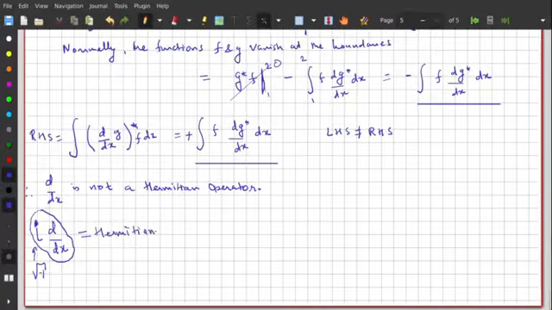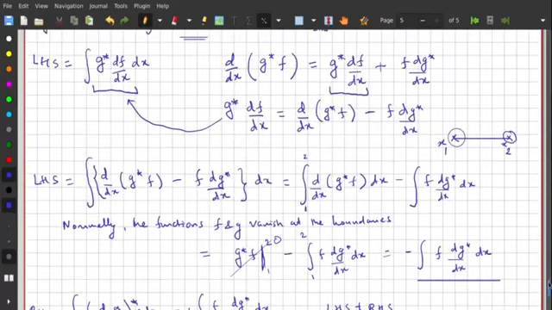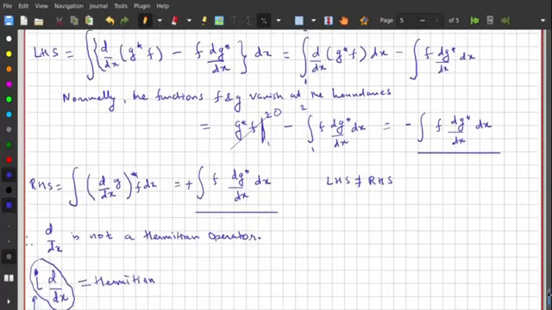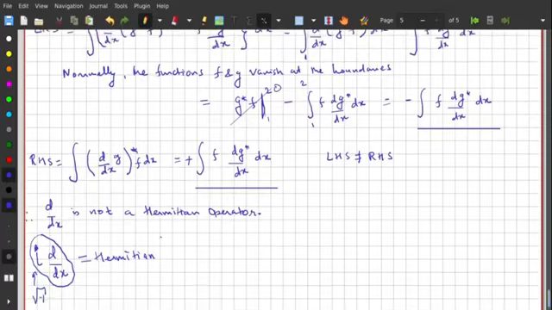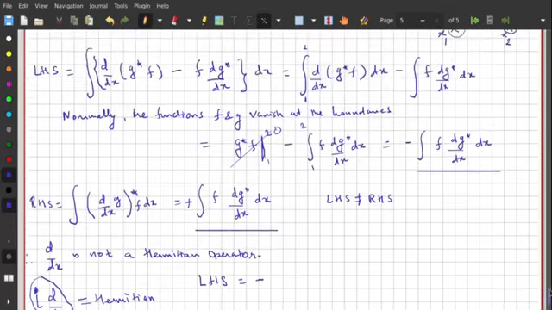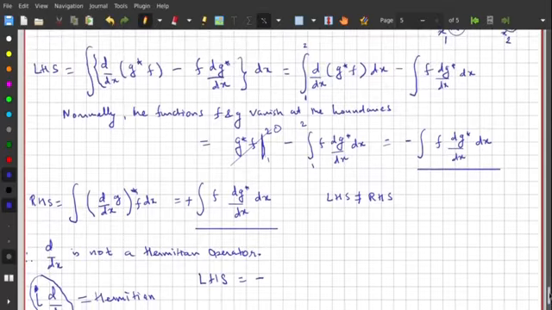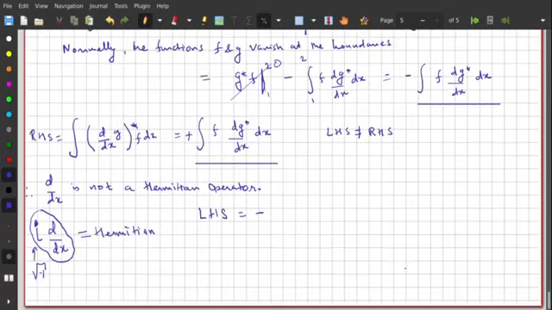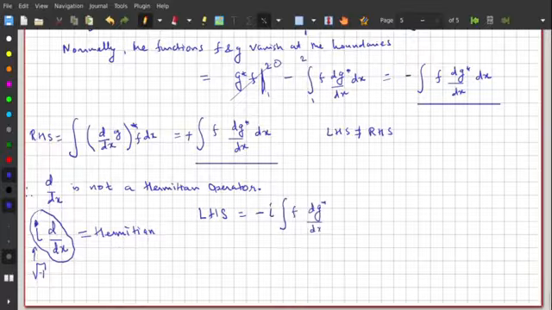And if you do the same procedure, we can check that it will become Hermitian. How can you see that? If I just skip the steps and write the LHS, the LHS will become minus, just like before, nothing changes. So it will become minus i integral f dg star dx.